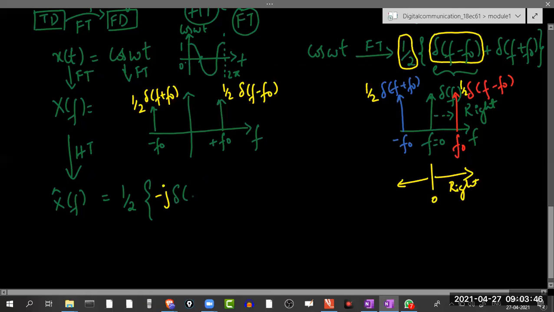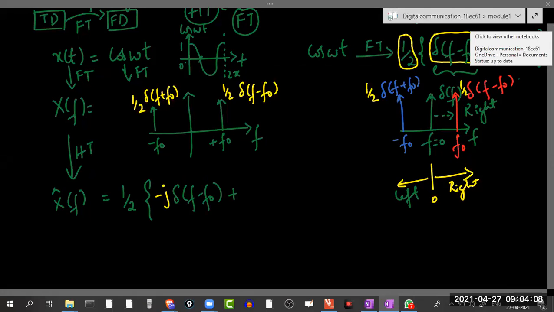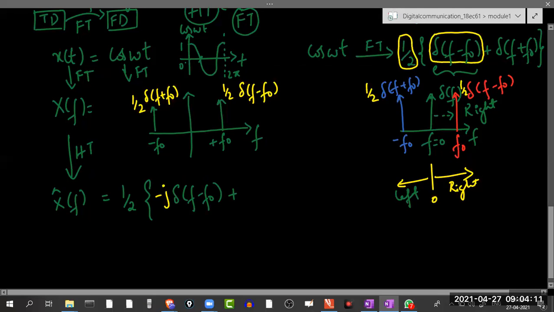Negative j delta f minus f naught plus, what about this delta f plus f naught, whether it belongs to the right hand side or my left hand side? Can I have some quick answers, because we are running out of time? Guys, I'm waiting for an answer. My question is whether this delta f plus f naught belongs to the right side or left side? Left, yes, that's the right answer. Left side.